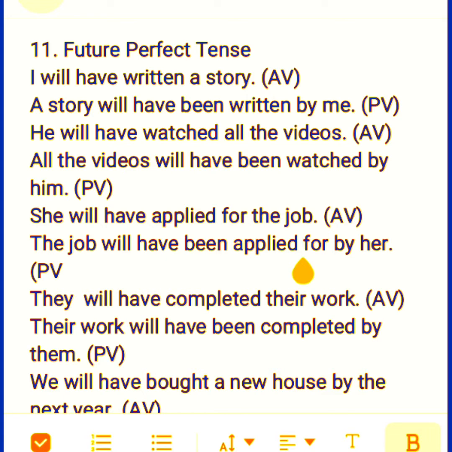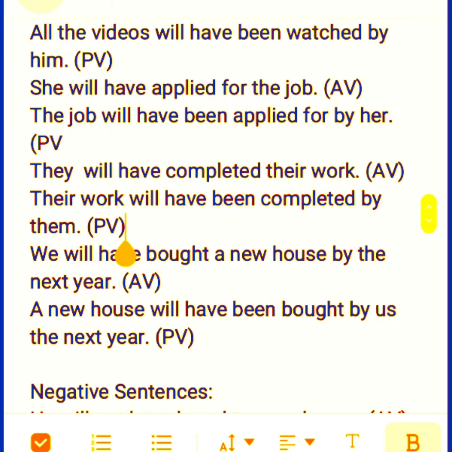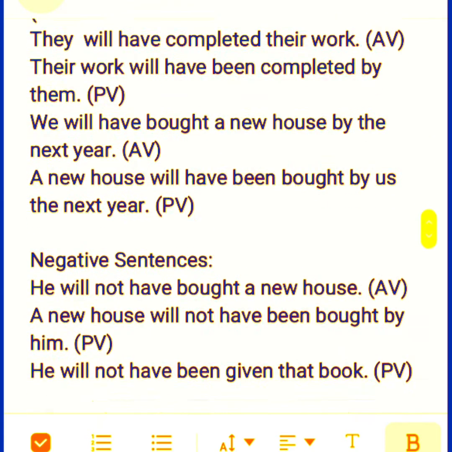So when there is a preposition with a verb, the preposition remains in the same place. They will have completed their work. Their work will have been completed by them. We will have bought a new house by next year. A new house will have been bought by us by next year.